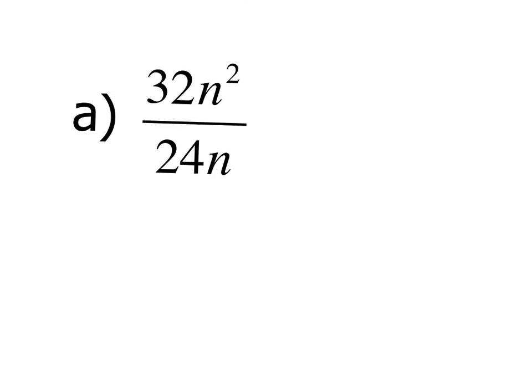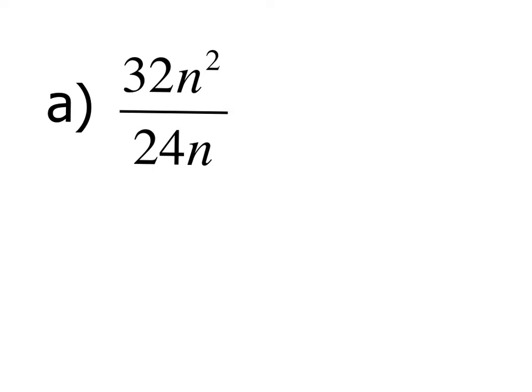So when we look at number 1, this is a rational function. In this case, there's no factoring that needs to be done, so I can go right ahead and start canceling things if they cancel out. Now, these numbers don't necessarily cancel out, but I can reduce them. There is a fraction there that can be reduced. 32 over 24 is, I believe, 4 over 3.